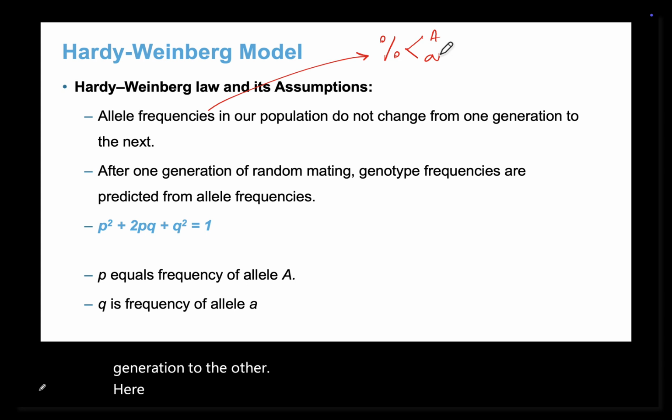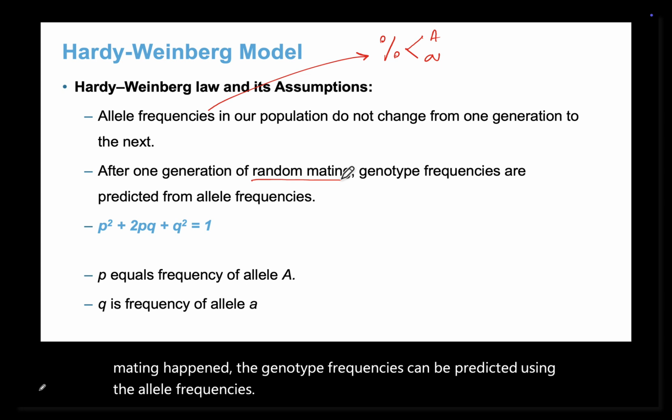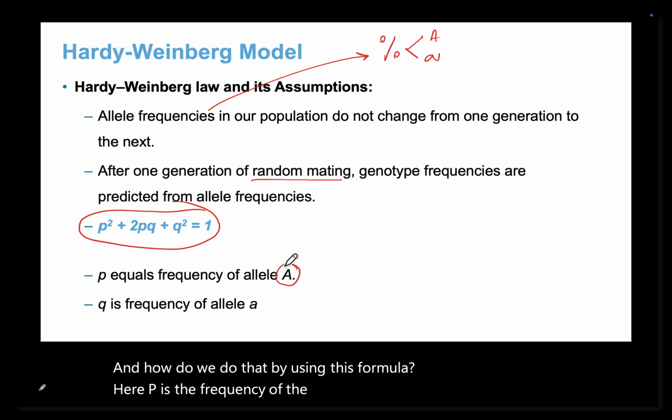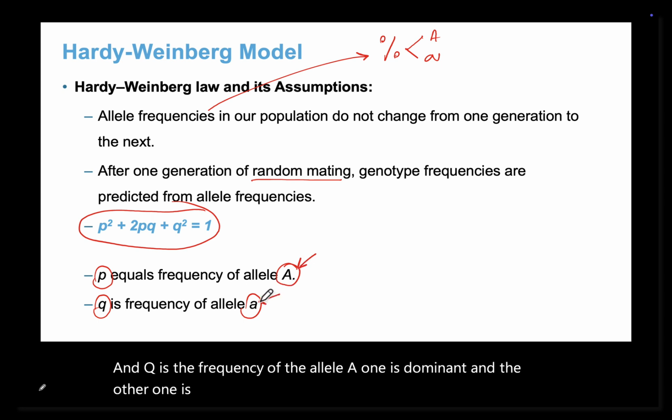Here we are also assuming that after one generation where random mating happened, the genotype frequencies can be predicted using the allele frequencies. And how do we do that? By using this formula. Here, P is the frequency of the allele A, and Q is the frequency of the allele a. One is dominant and the other one is recessive. Okay?